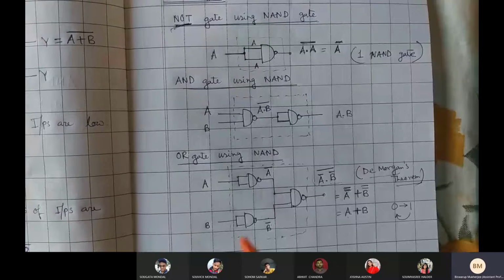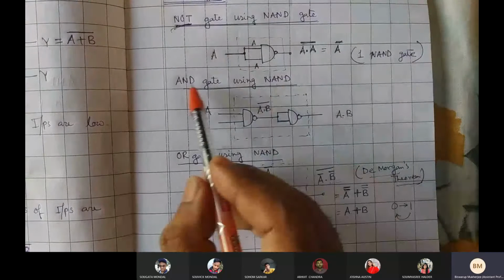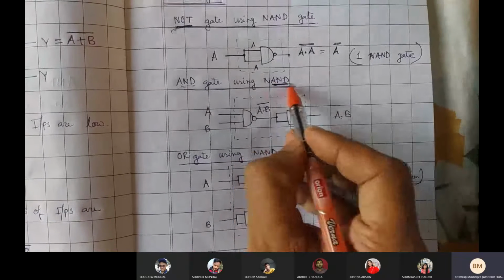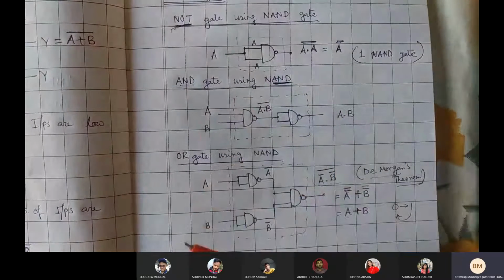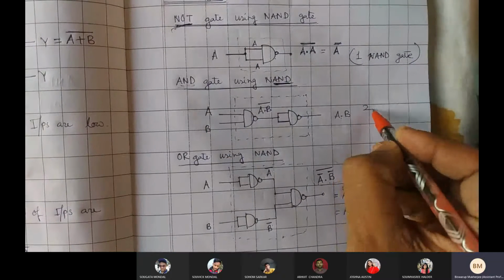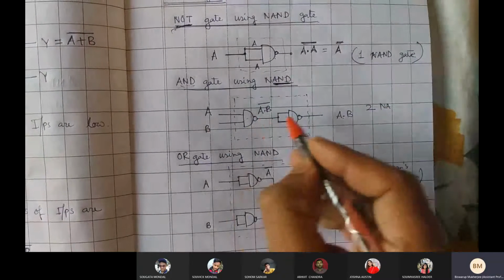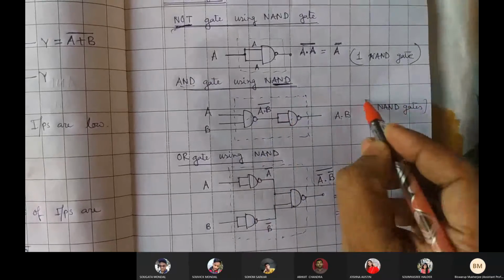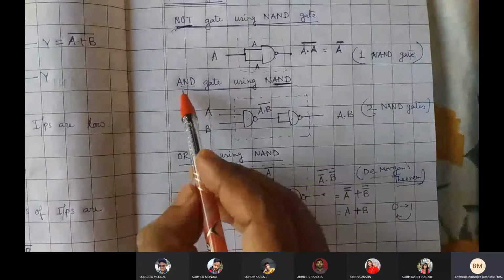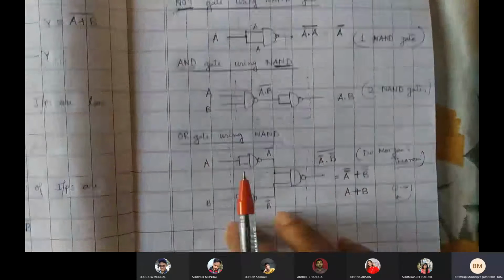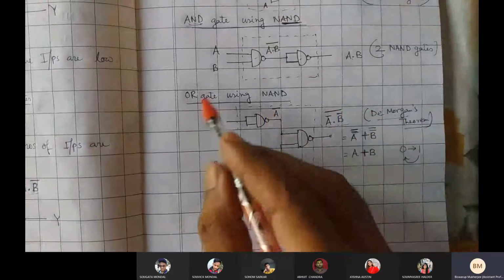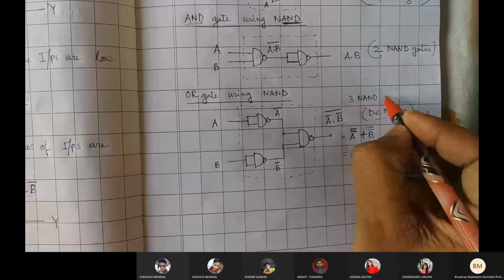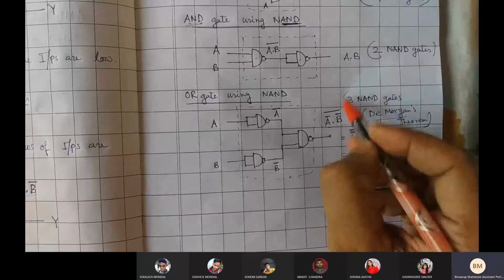If we want one AND gate, so this NAND within that AND is there, we'll need two NAND gates. So this is the first one, this is the second one. Two NAND gates make one AND. And similarly, if we want an OR, three NAND gates are required in order to make one OR.